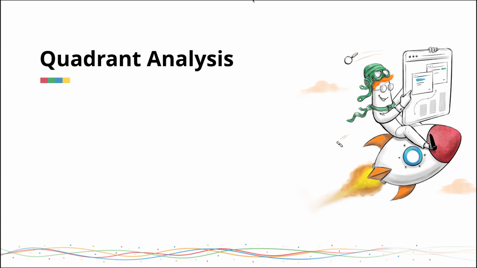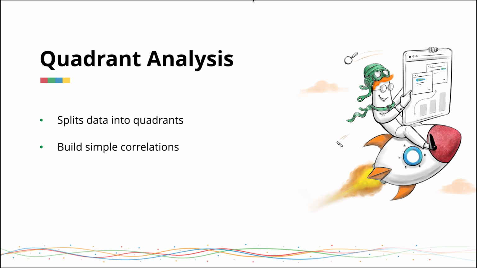Quadrant analysis is a powerful tool that transforms complex and high volume data into a simple, straightforward, and comprehensive framework. It visually represents data for relevant quadrants. It also helps you build a simple correlation.